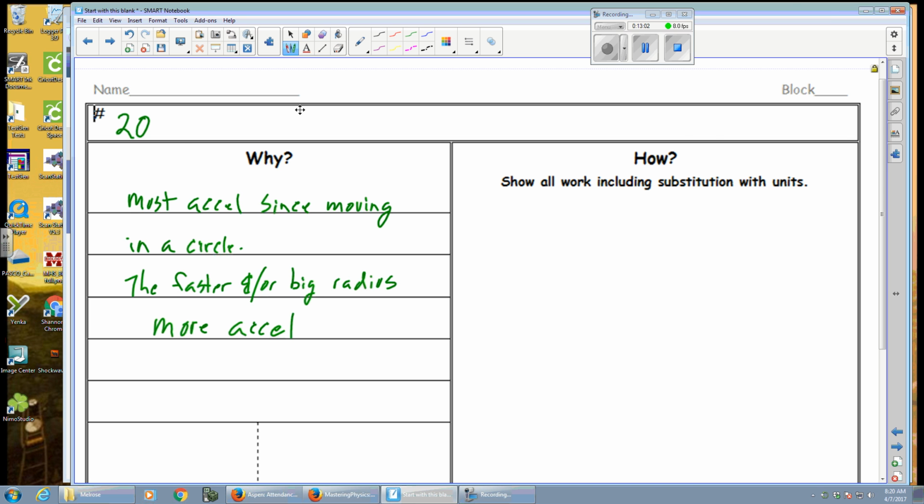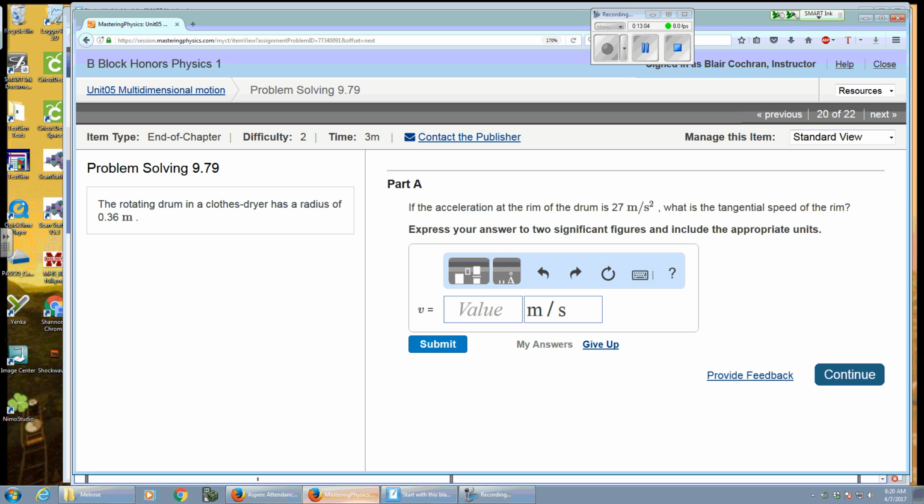Now they don't ask me about the forces, so I don't really need a diagram. I might do one just to remind myself that this is a centripetal acceleration. And I know it's just centripetal because they don't tell me that the speed is changing. So the acceleration is just due to the change in direction, which means it must be just centripetal.